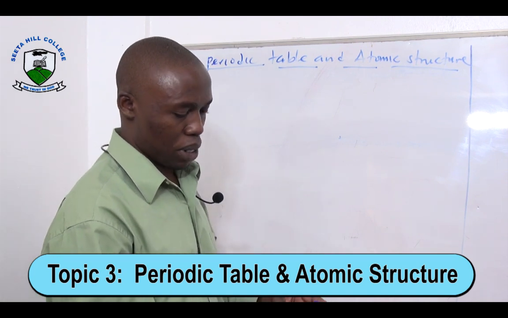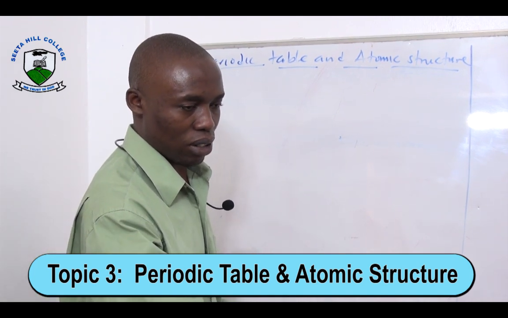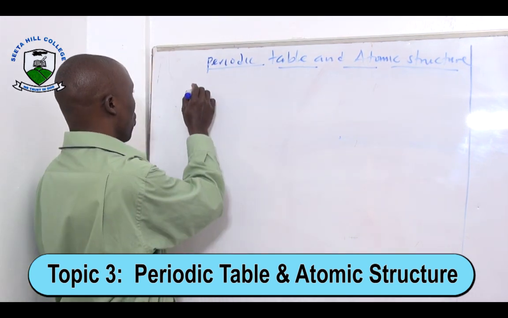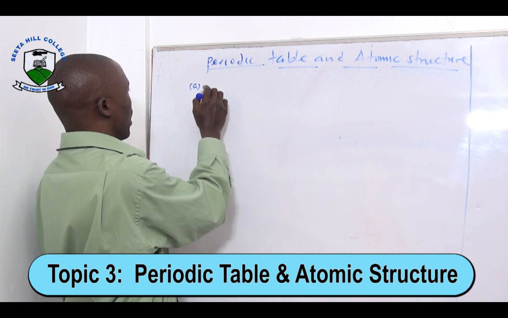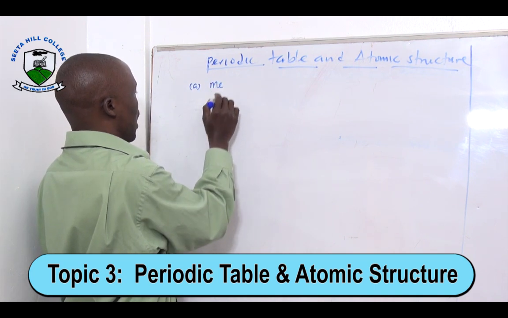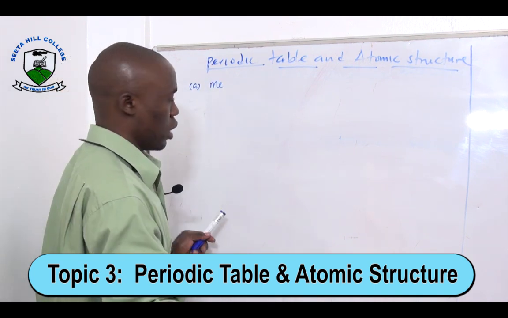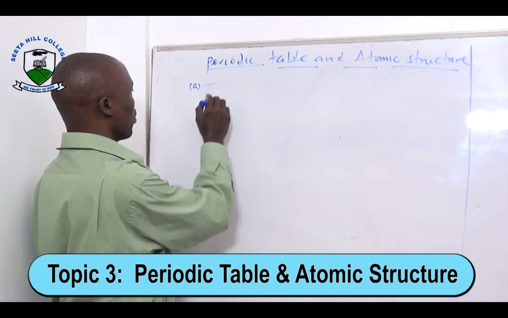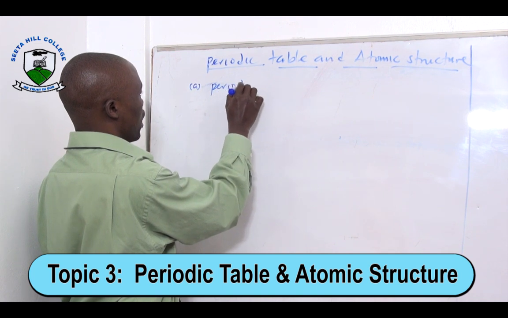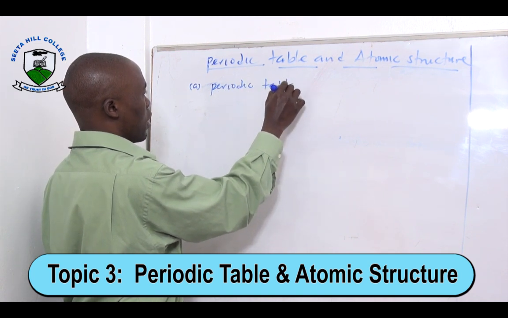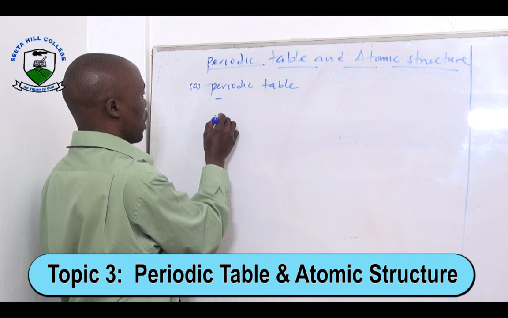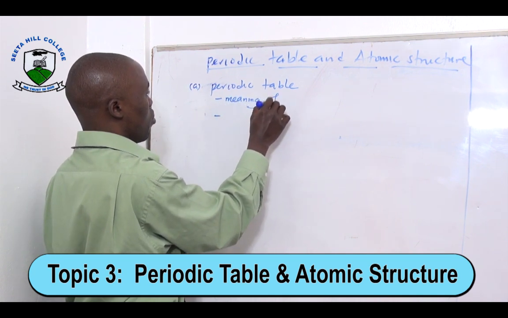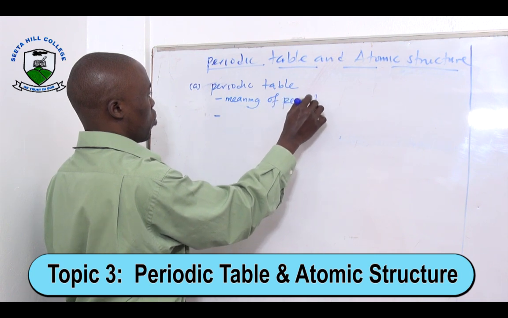Now in that topic we are going to split it into subtopics so that we can get a smooth way. That means we shall isolate the periodic table itself alone, then atom alone. For the periodic table, we shall break down the meaning of the periodic table.